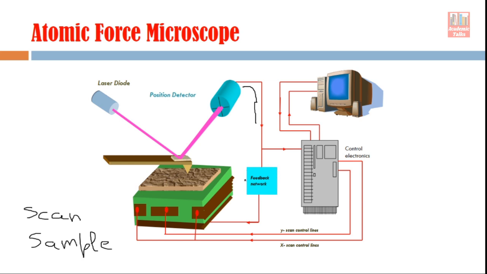And the feedback factor will decide how quickly this holder will move in the up or down direction. But we discussed in the case of STM also that if this vertical movement is very quick, then we may miss some resolution. So we don't want this feedback factor to be very high. We just need an optimized value of the feedback factor so that we can get the vertical movement without affecting the resolution of the system.